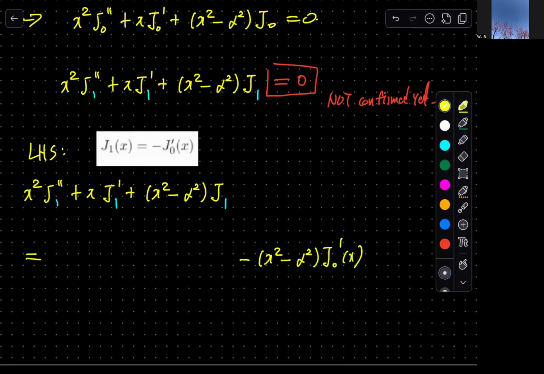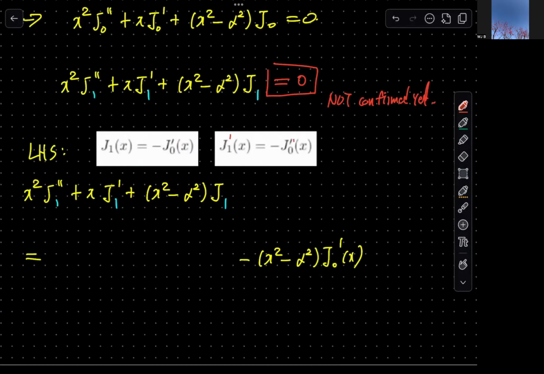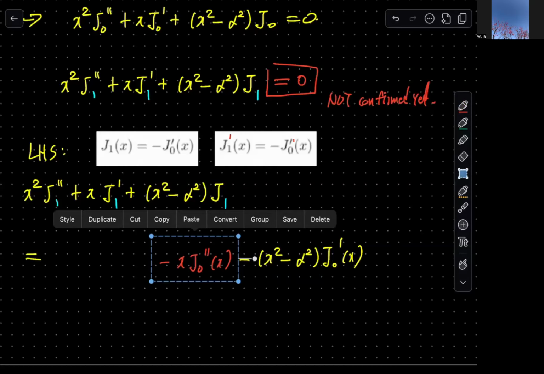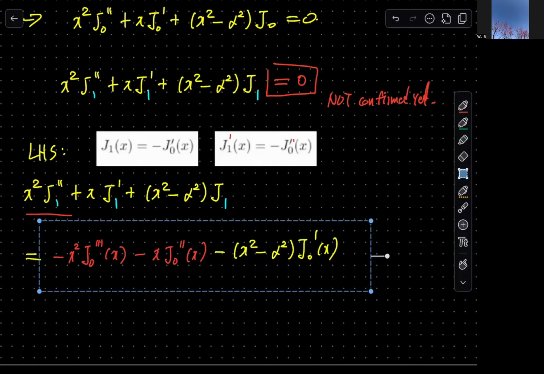And if you differentiate the given identity, you get the second derivative of J naught. So I'm going to have minus x J naught second derivative of x. Also, the second derivative of J1 will be the third derivative, so I have a minus x squared J naught third derivative of x. So I can convert that in this manner.